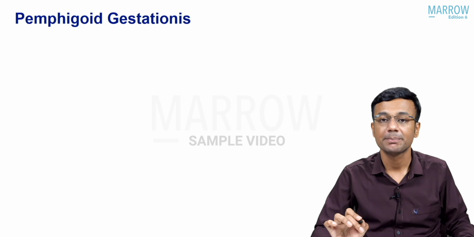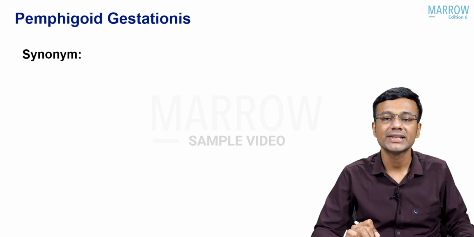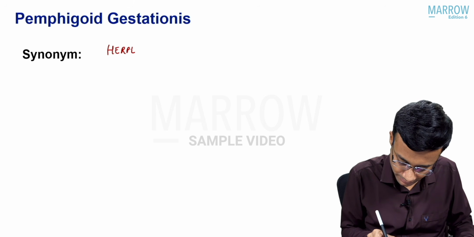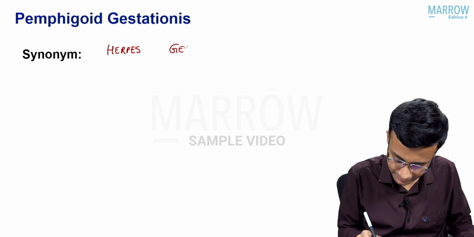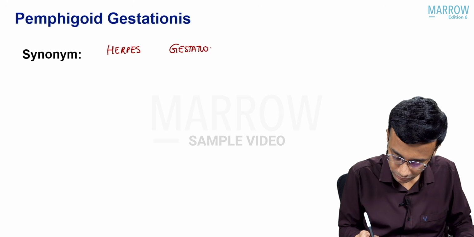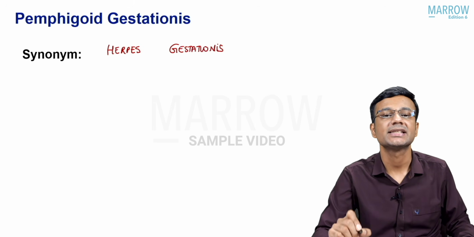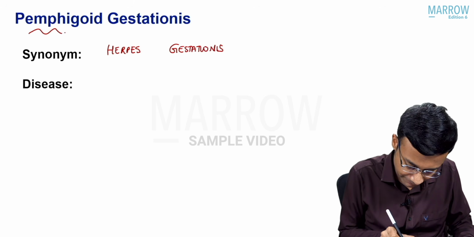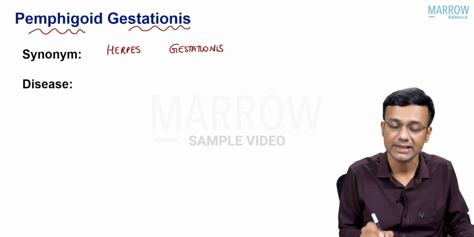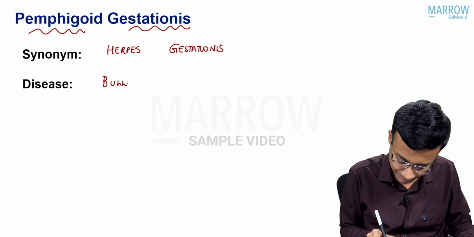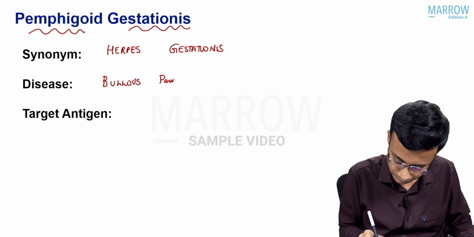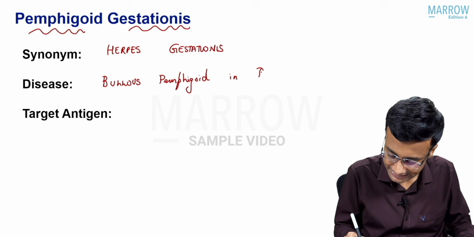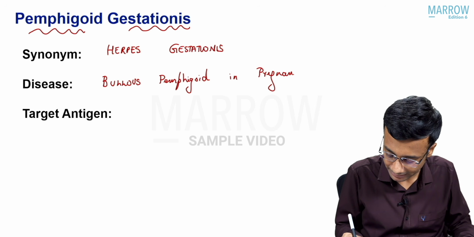Let's take up the first topic, pemphigoid gestationis. Pemphigoid gestationis is also referred to as herpes gestationis. What is this disease basically? This disease is bullous pemphigoid in pregnancy.